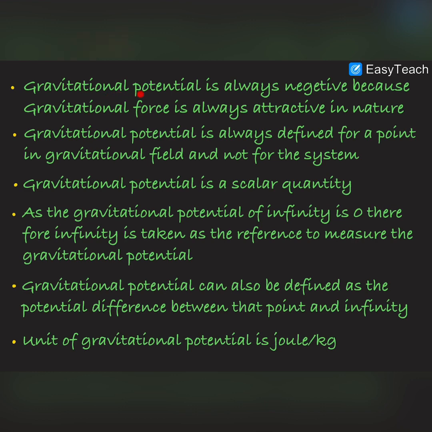Now this gravitational potential is always negative, and this is due to the fact that gravitational force is attractive in nature. We have already discussed this point. And the second point is that gravitational potential is always defined for a point in the gravitational field and not for a system.